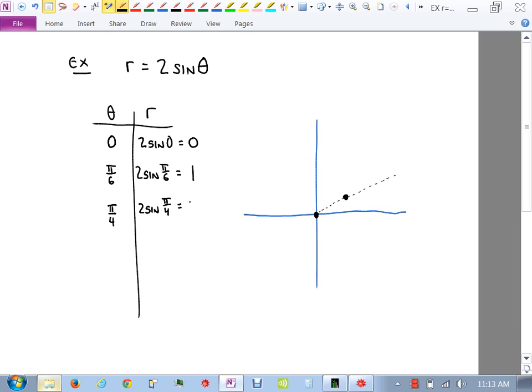So 2 times root 2 over 2 is just root 2, which is 1.414 something. So it's almost 1.5. So when I'm aiming 45 degrees, I need to go out almost 1.5, which is going to put me maybe about there. We're eyeballing this.